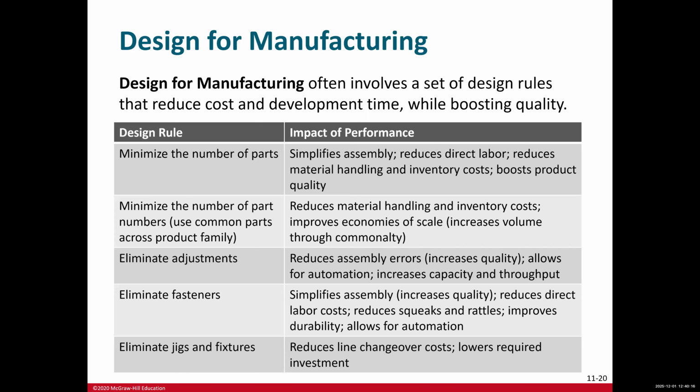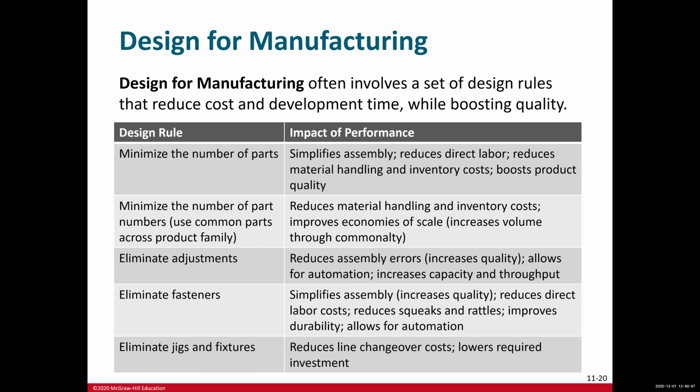As you can see, in this table, we can see the design rule that we want to minimize the number of parts. And why is this important? Because we want to simplify assembly, reduce direct labor, reduce material handling and cost for inventory. And definitely we want to boost our quality, so minimize the number of parts and eliminate adjustment, eliminate fasteners, and eliminate jigs and fixtures.